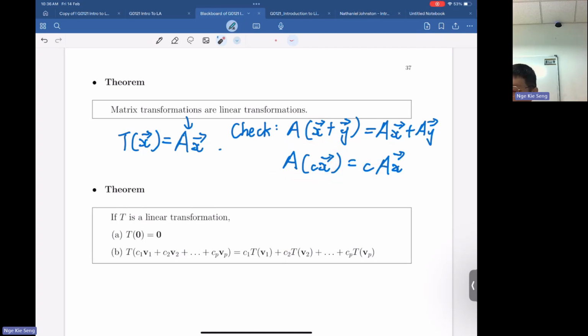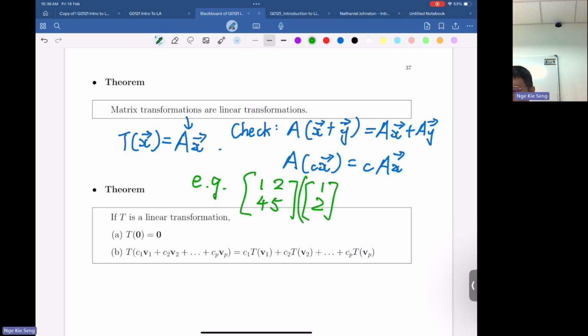Why? Because when you multiply together, this is another vector. But you can see that in all the terms inside this vector, you have a c. So you can pull the c out. Try and write it out. If you're still confused, try an example.